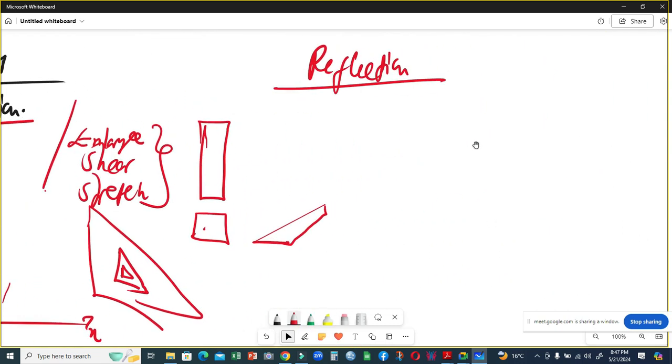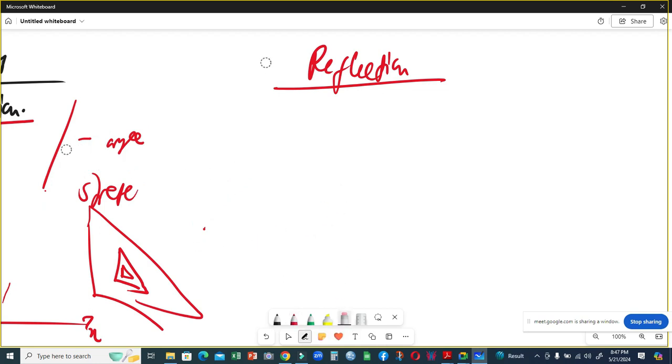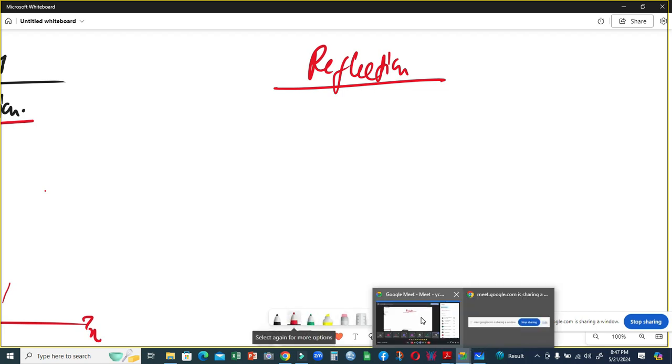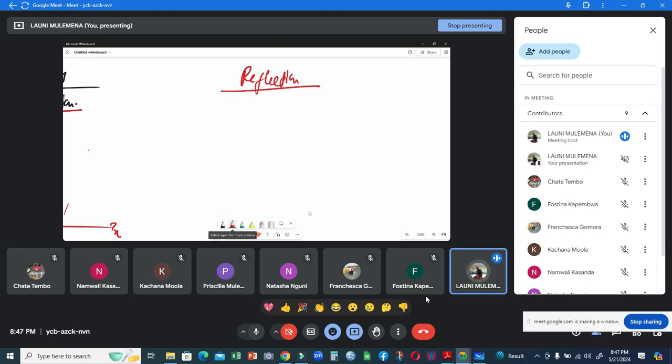With reflection, I can remember my secondary teacher. When he introduced this subtopic called reflection, he told us that actually, this subtopic is most used by ladies. They normally apply the concept of reflection practically.